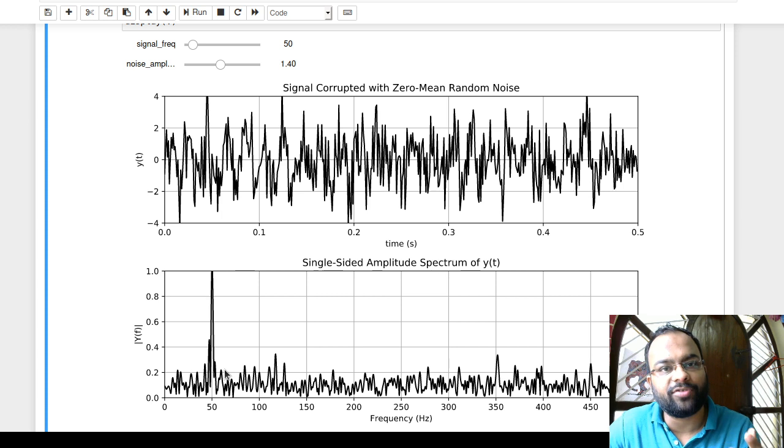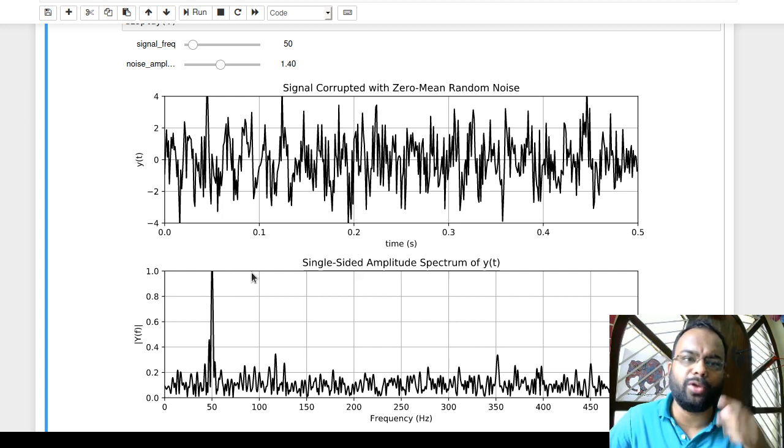So this Fourier transform plot essentially tells me that even though there are many different frequencies present in this signal, one frequency is pretty prominent, and that frequency is 50 Hz. And what is the amplitude of that? Approximately 1.